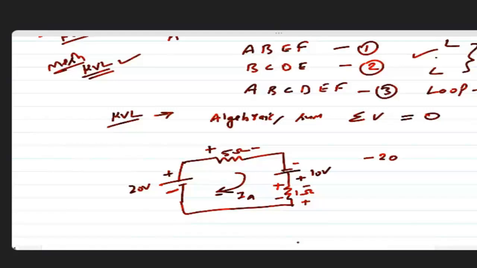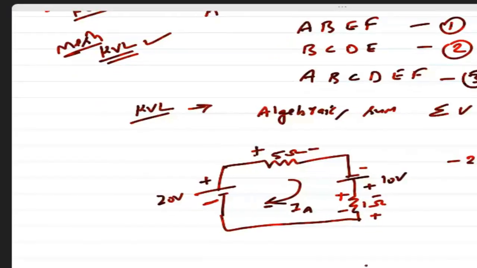What is the sign of this 5 ohm voltage drop? That is plus. So you have to write plus 5 into IA, no issue. What is the first sign of this battery? Minus 10. What is the first sign of this resistance? That is plus 1 into IA.